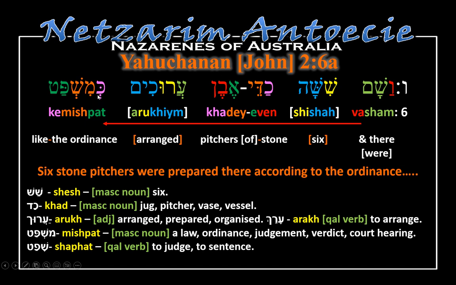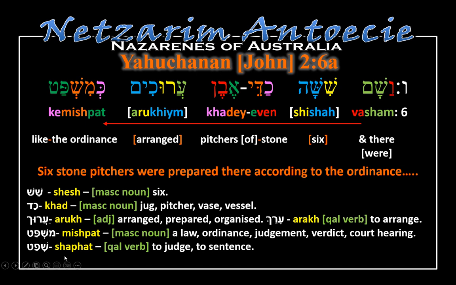And then we have kemishpat. The kaf is like, and then mishpat. Now, if we look down here, mishpat is a masculine noun. It means a law, an ordinance, a judgment, a verdict, a court hearing even. Right? So therefore we have like the ordinance.